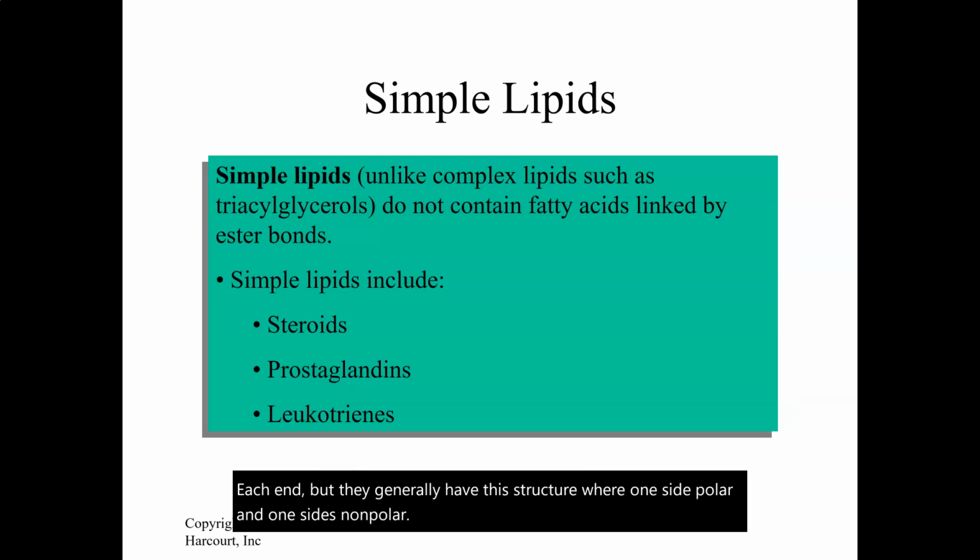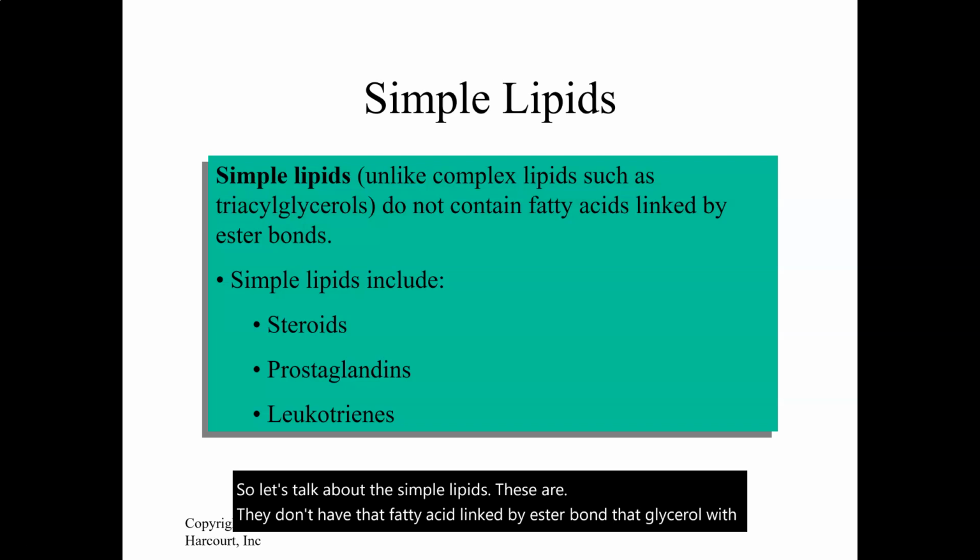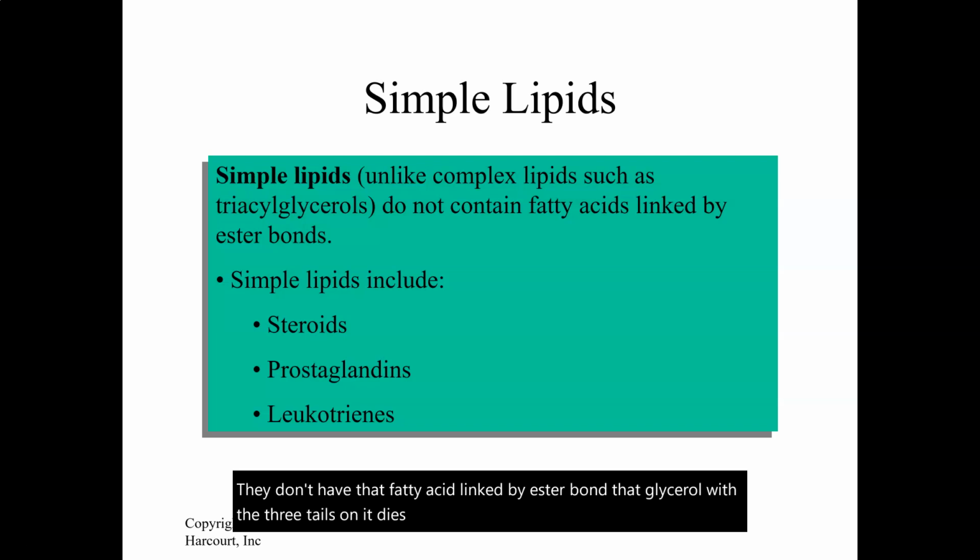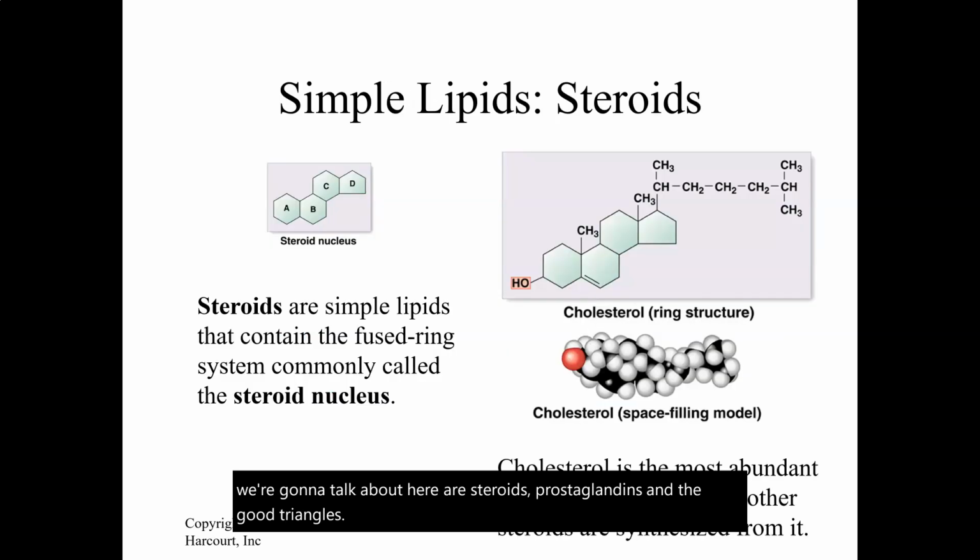So let's talk about the simple lipids. They don't have that fatty acid linked by ester bond, that glycerol with the 3 tails on it. These have different structures. So the 3 that we're going to talk about here are steroids, prostaglandins, and leukotrienes. Simple lipids that are steroids have this ring structure.